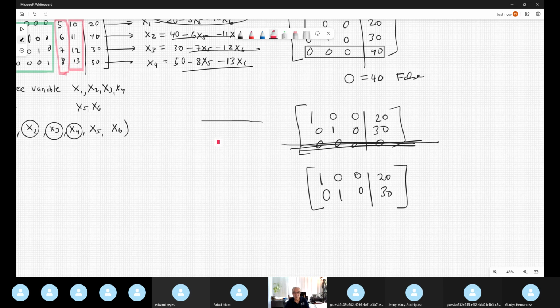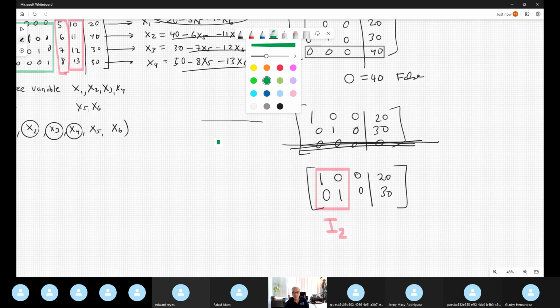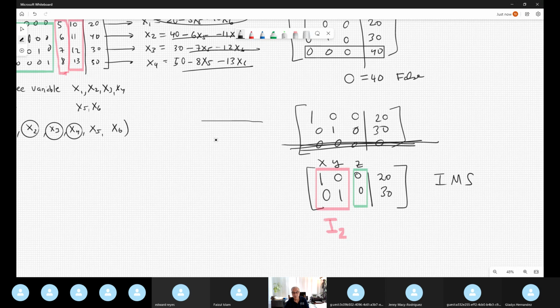Now you see that this is the identity matrix of dimension 2. And we have an extra block that represents the free variable, which in this case is: x and y are non-free and c is free. So, typical infinitely many solutions. So, you write x, y, z, but in the x component you write x is equal to 20.